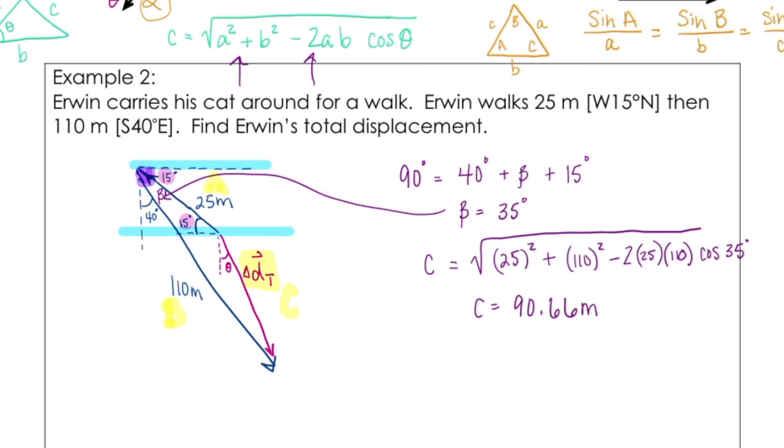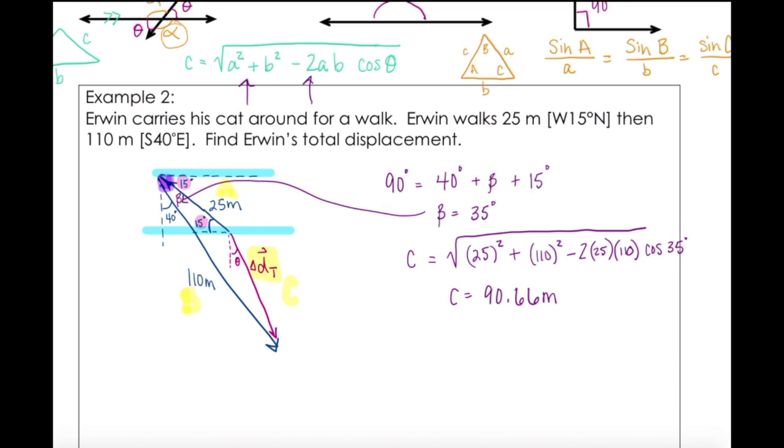Now we need to find our angle theta in order to give direction, because now we have the magnitude, but we need to find direction. We need to use the sine law to solve for our theta.